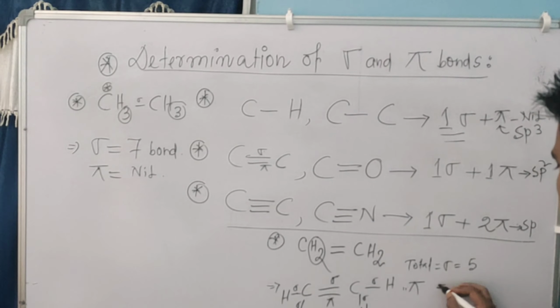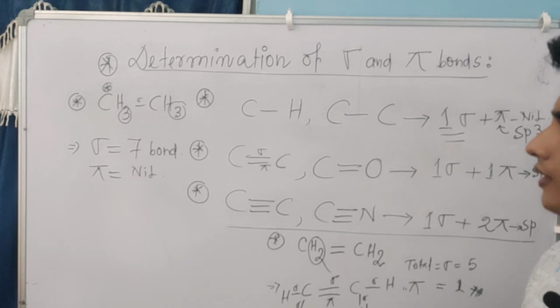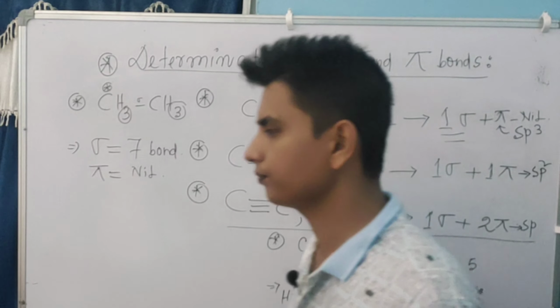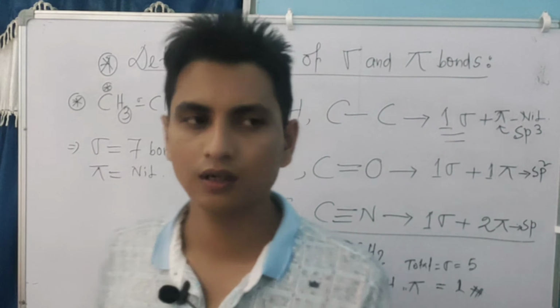In this way we can easily find out sigma and pi bonds from a given molecule. And for the hybridization, suppose we have to find the hybridization of this carbon. This is a carbon-carbon double bond, that means the number of pi bonds is 1.